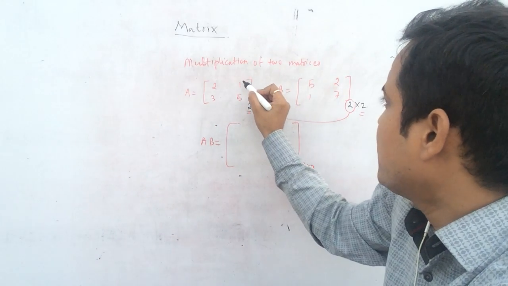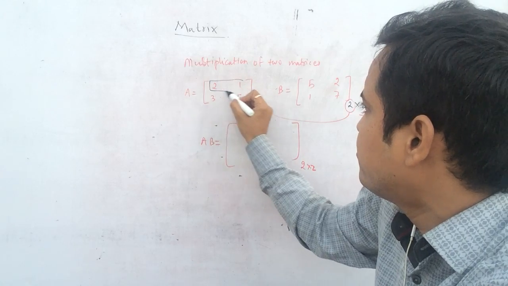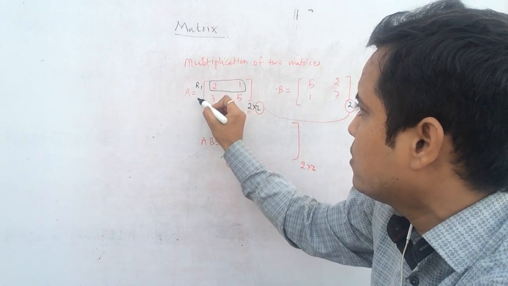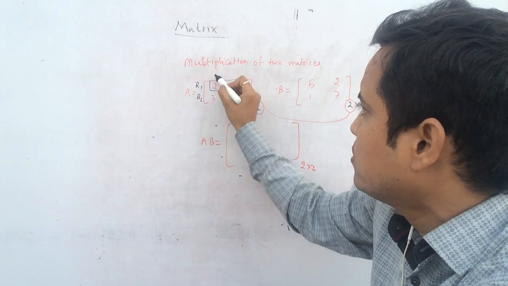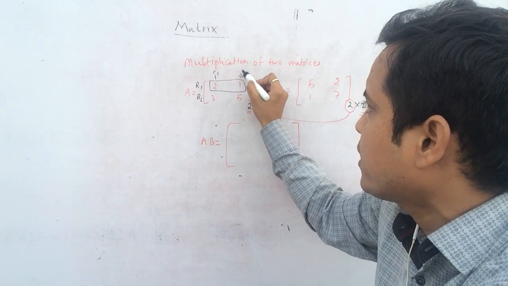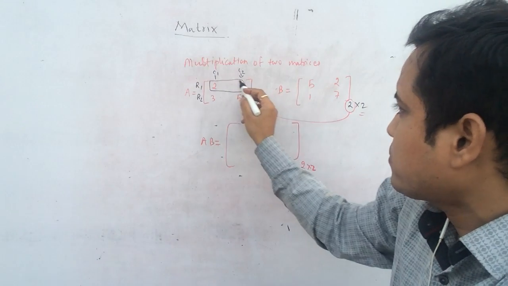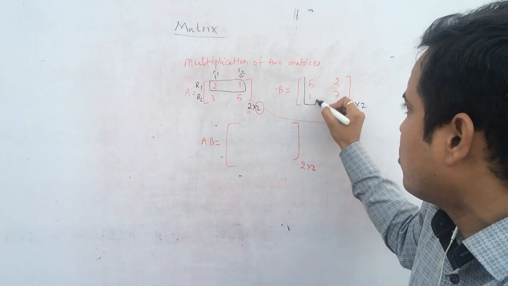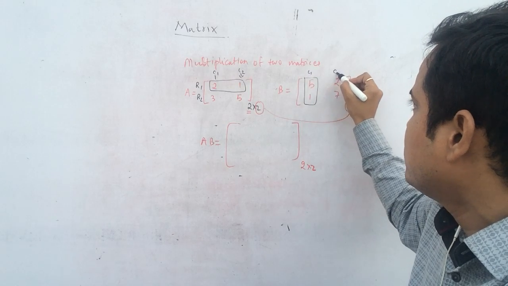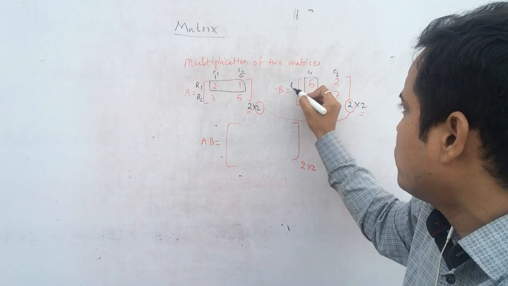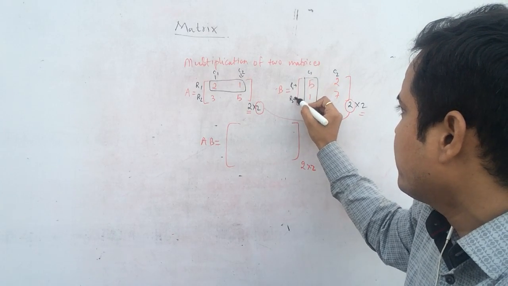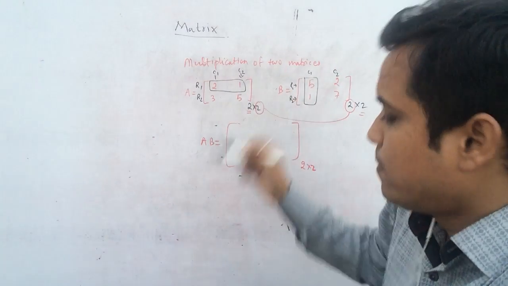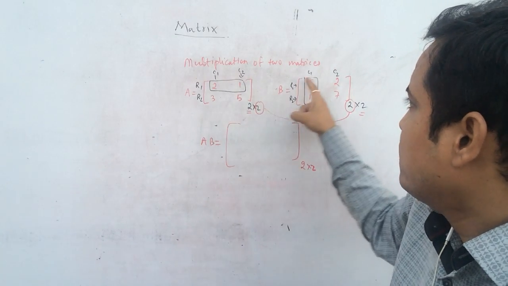Now we come to the product. How would we multiply? We have R1, R2, C1, C2. Row 1 will be multiplied with column 1.